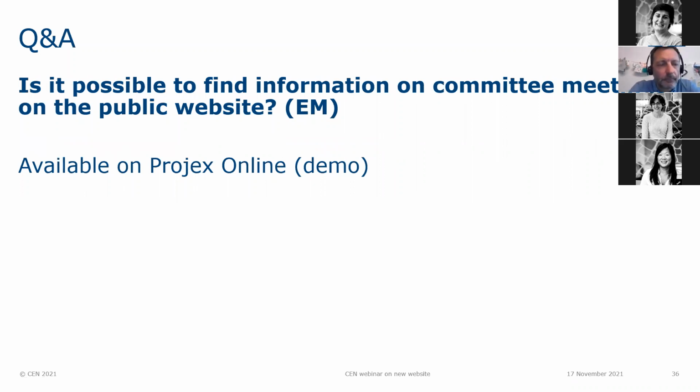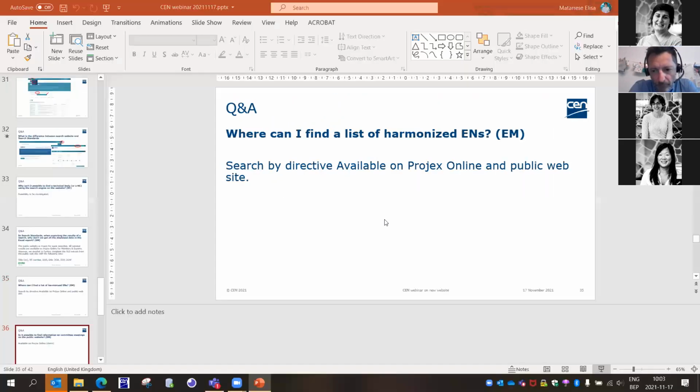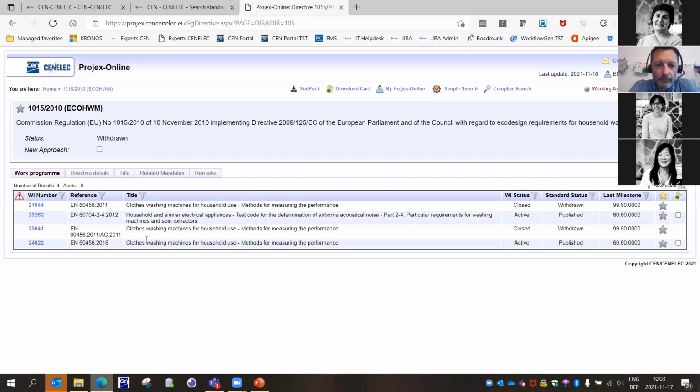Is it possible to find information on committee meetings on the public website? It's no longer available on the public website, but you can find this information on projects online. So again, I will go for a demo on projects online.